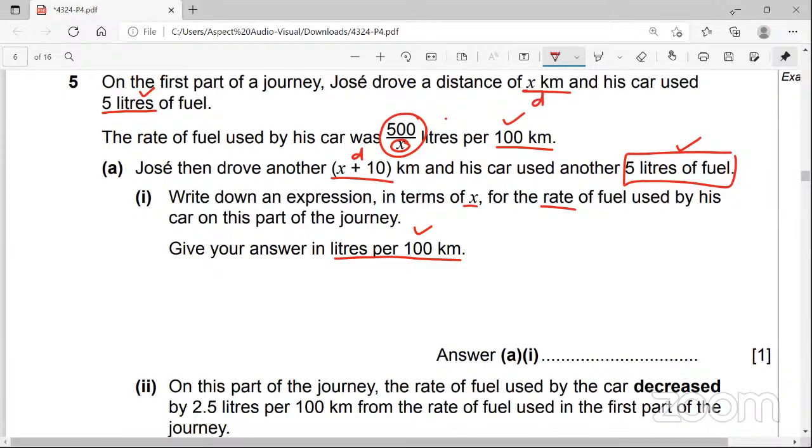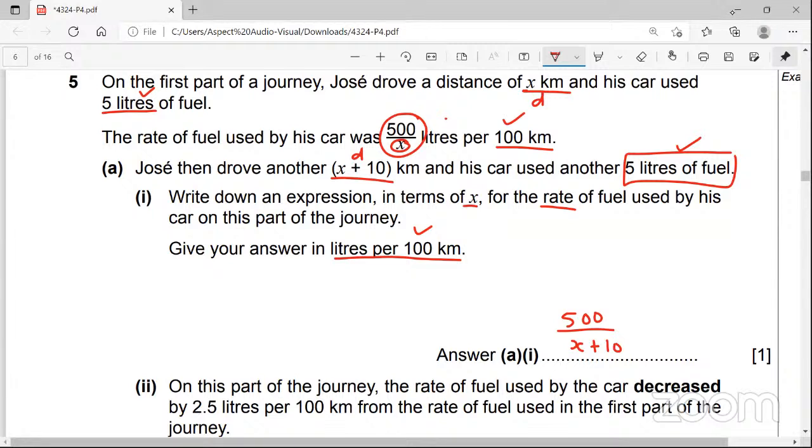So for this part of the journey, I'll just replace my distance with X plus 10. So the rate will then be 500 over X plus 10 altogether, because all the other parameters were the same, 100 kilometers. So the only thing that changed there is the distance, which is X plus 10 altogether.